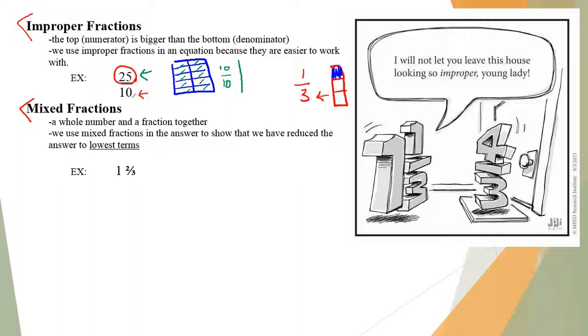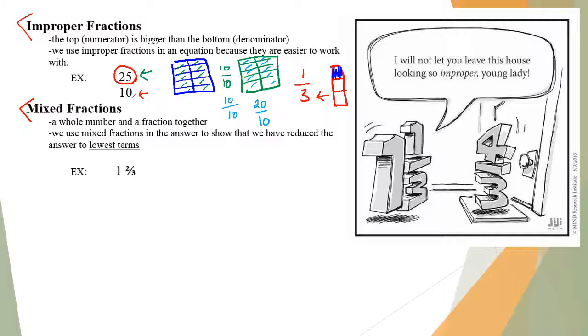So that must mean I need to make another one. Did I do that right? I think so. And shade those in as well. Okay, so I have another 10 out of 10. So all together, so far, I have 20 out of 10.